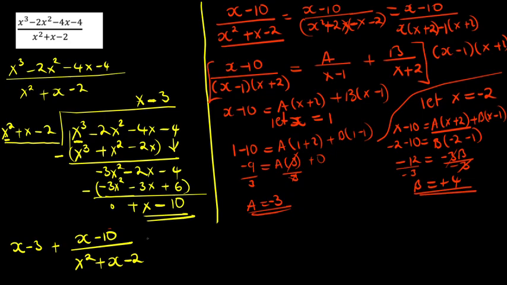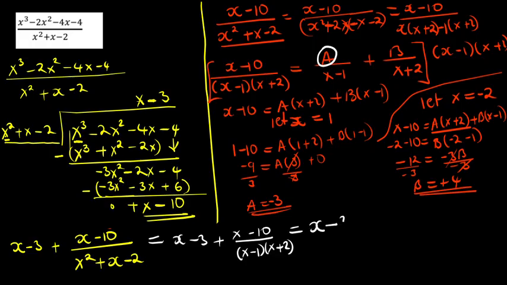I'll say x minus 3 plus x minus 10 over, when I factorize this part, we had x minus 1, then x plus 2. So where there's a here, I'll replace it.